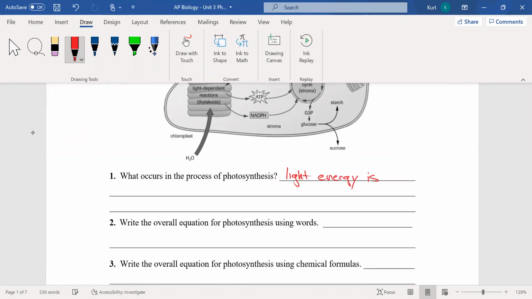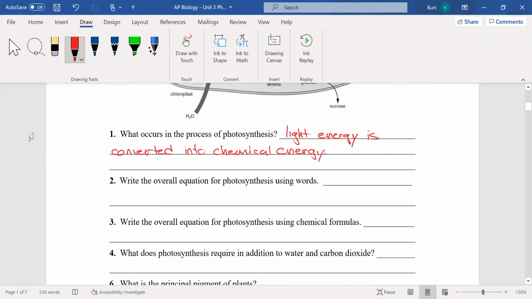Light energy is converted into chemical energy. So energy from the sun is going to convert that into things like sugar.